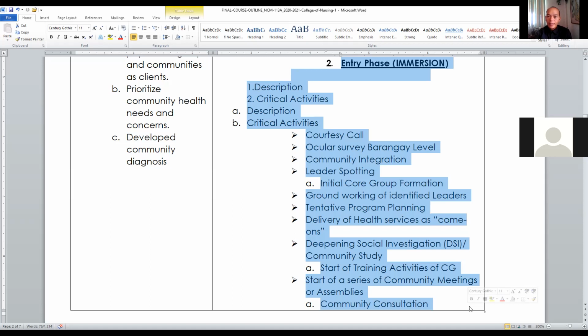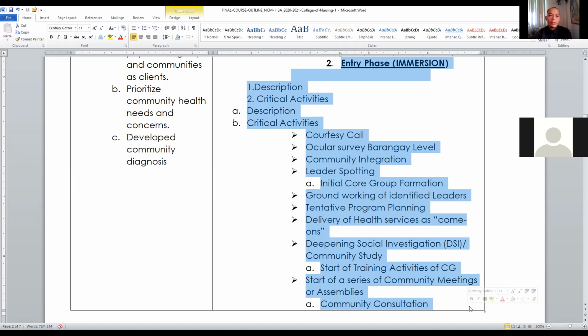Okay. So for the entry phase, there will also be a description, critical activities, description of activities. Ano ang ginagawa natin? The courtesy call, ocular survey at the barangay level, community integration, leadership spotting, initial core group formation.